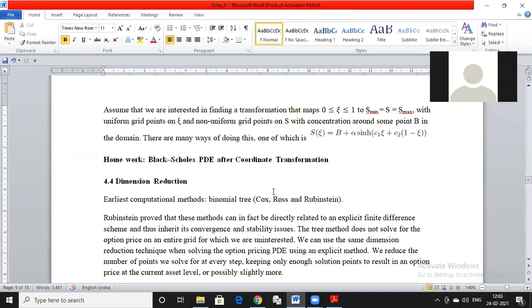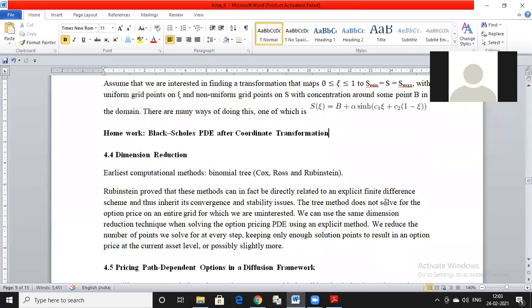Yes, sir. Okay, so there is one more important issue to be mentioned before we go on to further computations, and which is dimension reduction. What is this dimension reduction problem? The issue is when we are using methods like binomial tree, as in the Cox-Ross-Rubinstein model that we learned last time.